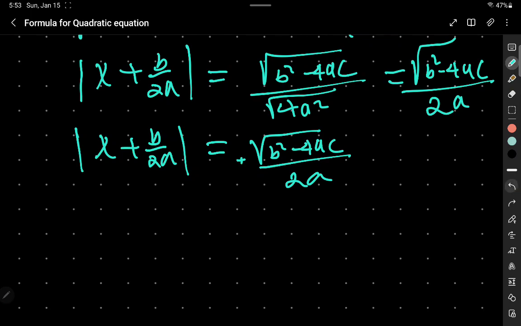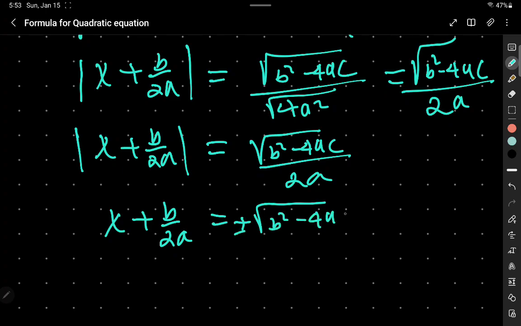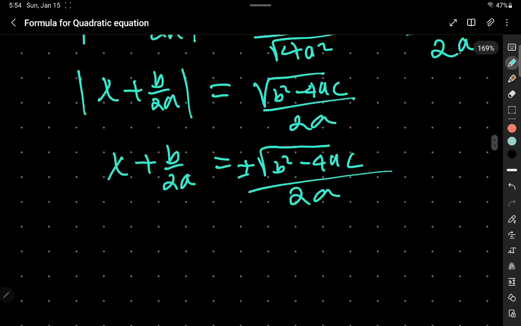So that means x plus b over 2a is equal to plus or minus the square root of b squared minus 4ac, everything over 2a. Now we are going to solve for x.